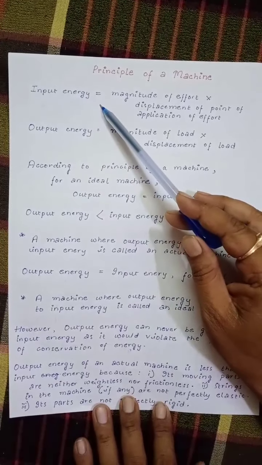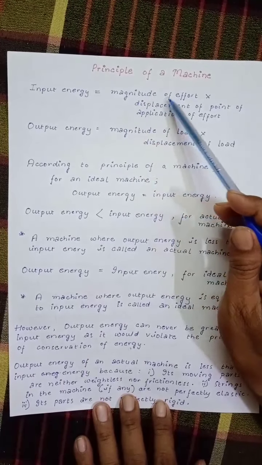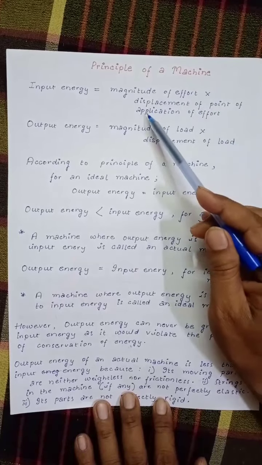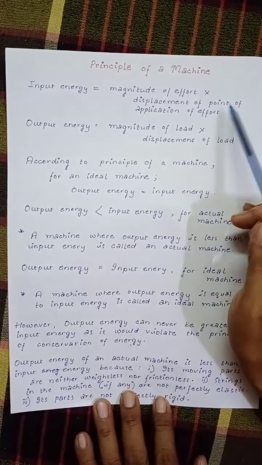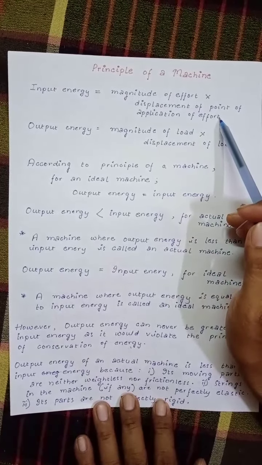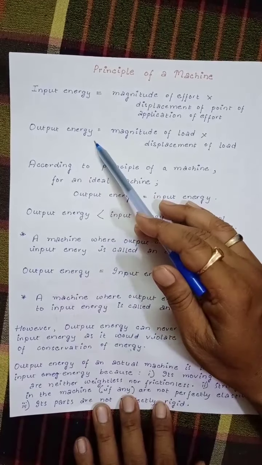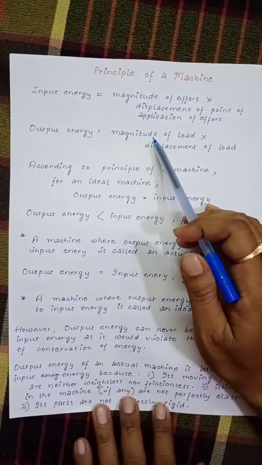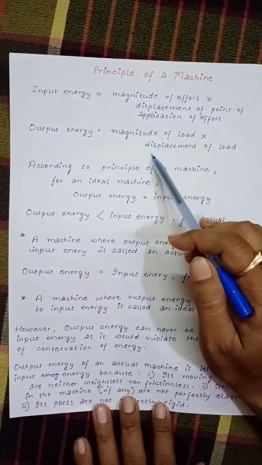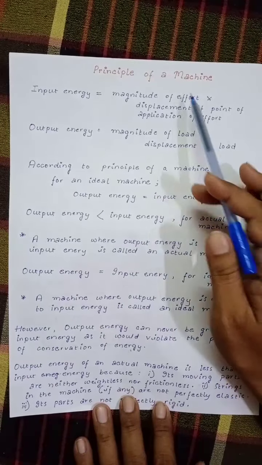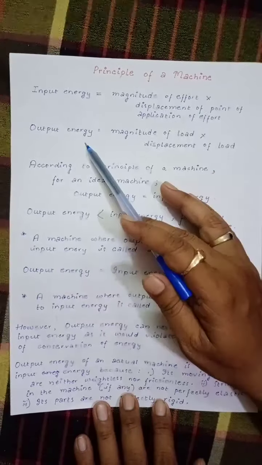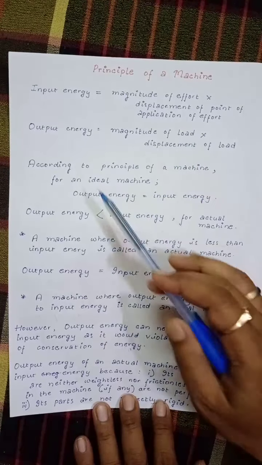Input energy equal to magnitude of effort into displacement of point of application of effort, whereas output energy equal to magnitude of load into displacement of load. In input energy we use effort, in output energy we use load.